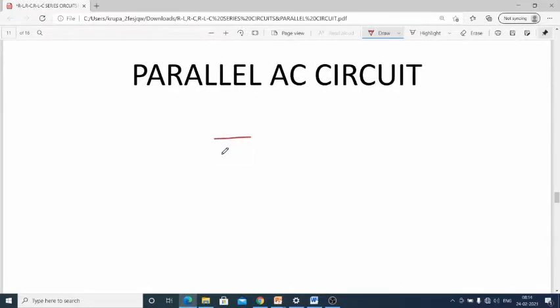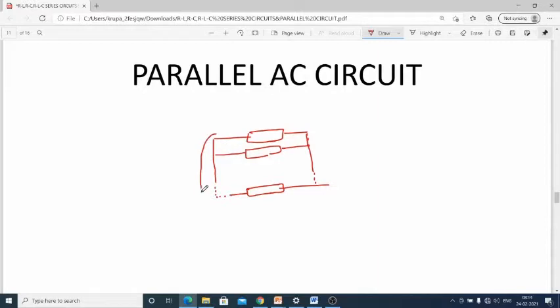If the elements, this is element 1, this is element 2, till sum up to En elements, are connected such that the starting terminal of each element is at one point and the ending terminals are connected at another end, then it is treated as a parallel circuit.